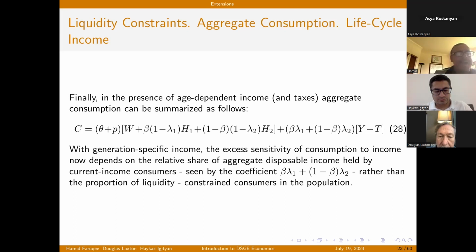And the math in equation 28 just shows you what the aggregate consumption function would look like when you put in those interactive terms, where not only do you have life cycle income profiles, but you also have a fraction of those consumers who are consuming out of that life cycle income, and where their consumption is tied by that level of disposable income. Those interactive terms are represented here in equation 28. Next slide, please.